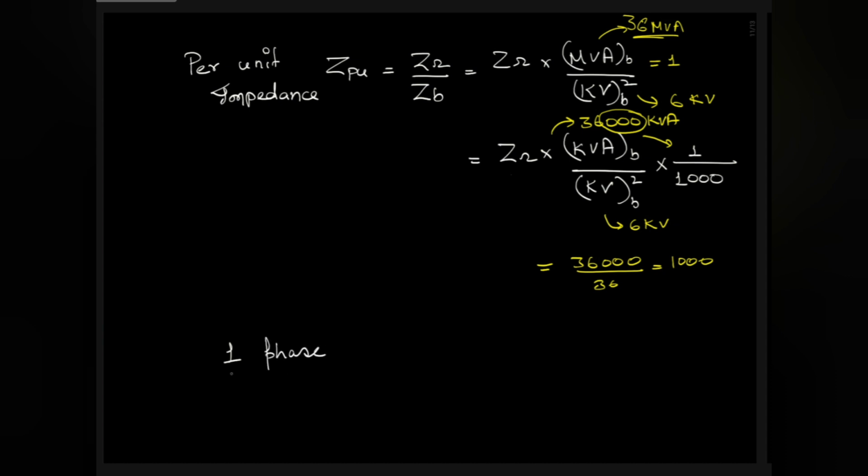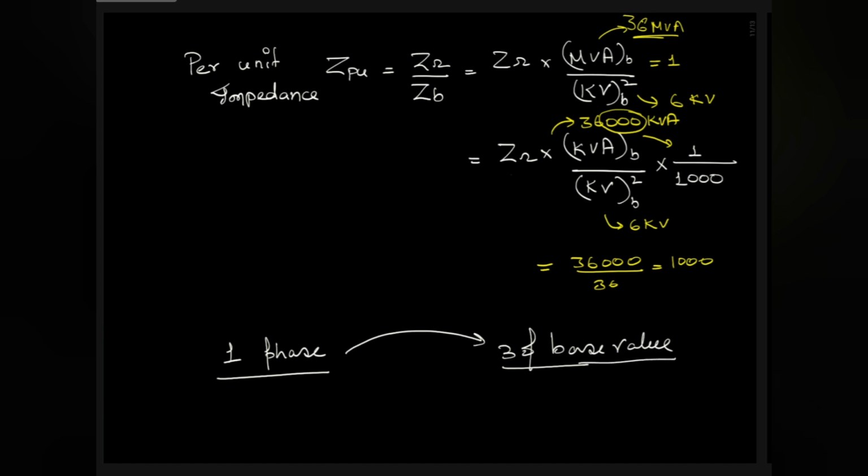Okay, we refer this value in single phase. Whatever we are calculating, voltage, current, whatever we are calculating, we refer this value as in single phase. Later we need to convert this single phase base value to 3 phase base value. Okay, so whatever per unit value we are calculating, we calculate with single phase reference.